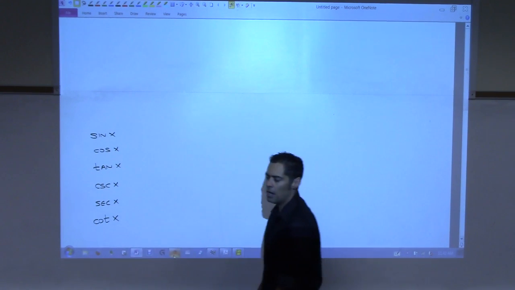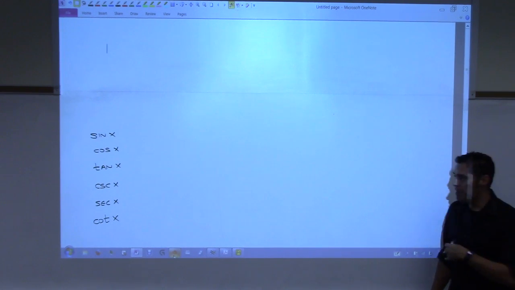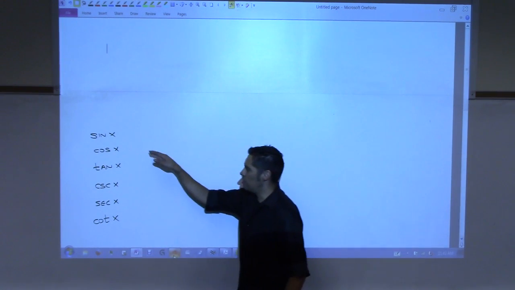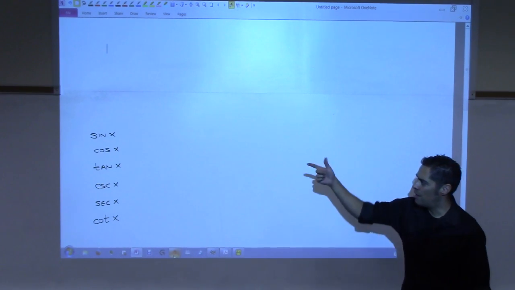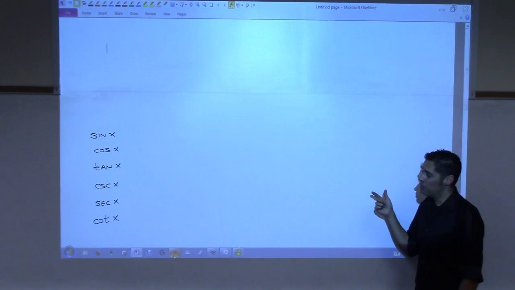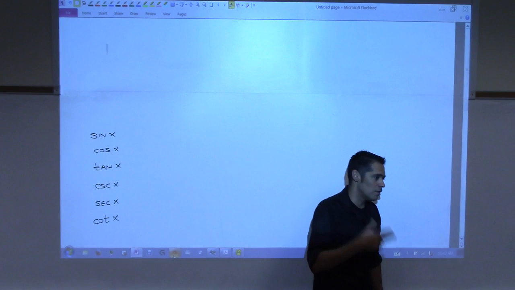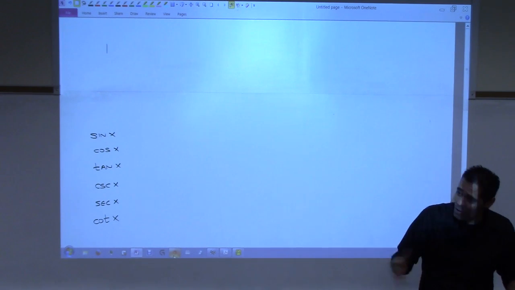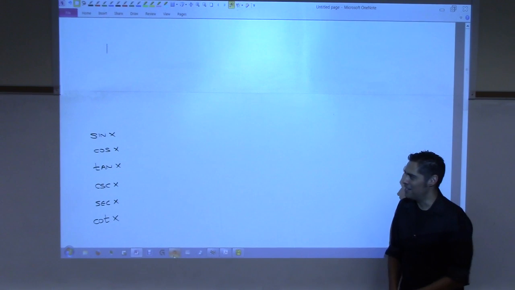And what we've learned in this class is that for every one of these functions we have a derivative. We know the derivative of sine is cosine, cosine is negative sine, tangent is secant squared, cosecant is negative cosecant cotangent, secant is secant tangent, and cotangent is negative cosecant squared. That's all on your formula sheet. Say that fast 10 times.